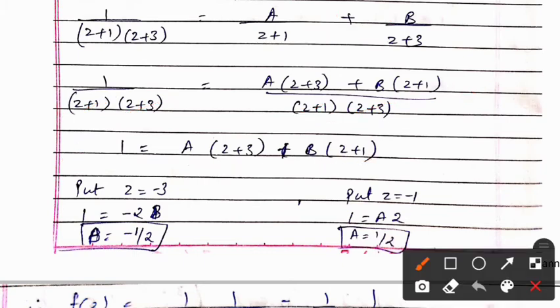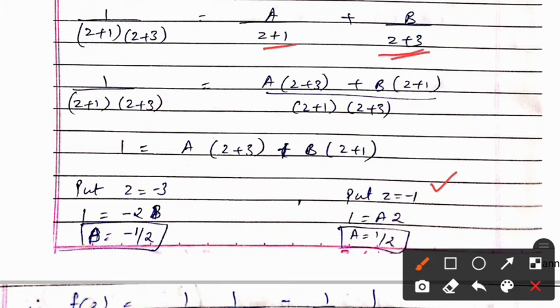Now I have to take two different values of z such that we get the values of a and b. In which way are we taking the values? We take the opposite sign of the values. Here you have z plus 1, so I will take one value as minus 1.